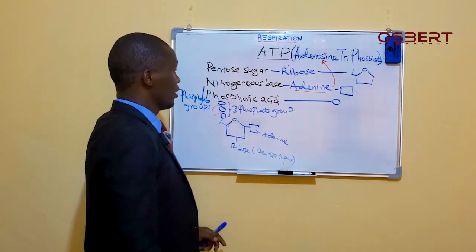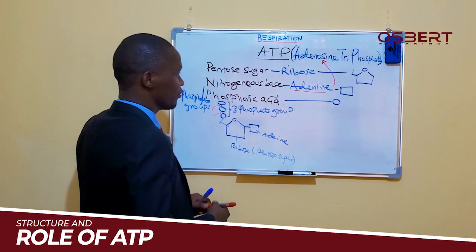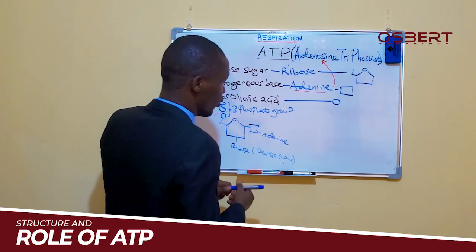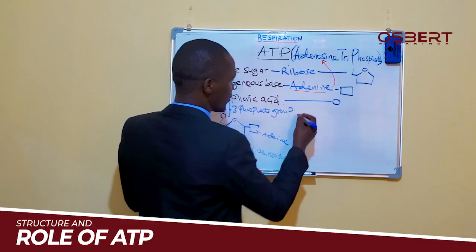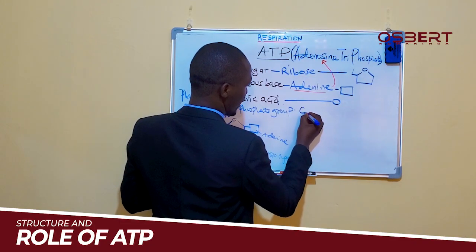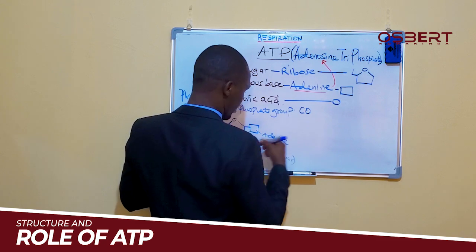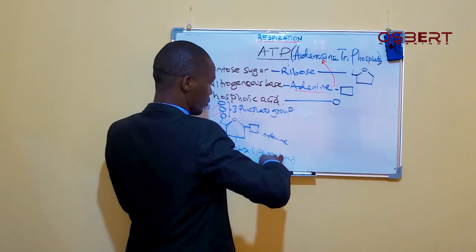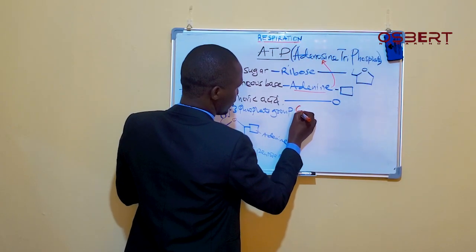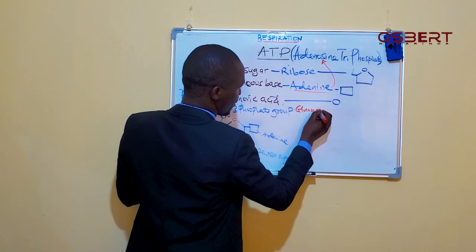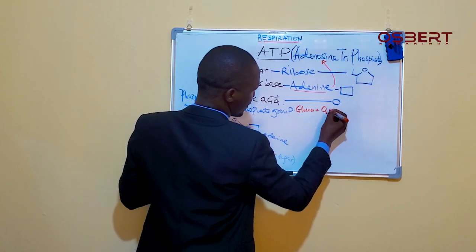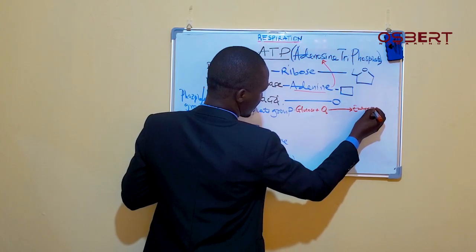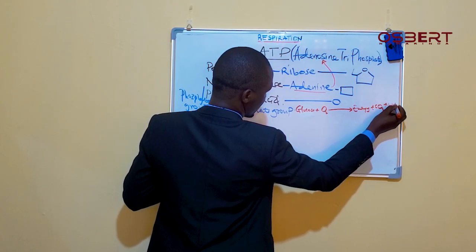In fact, from the start, allow me to remind you about this. If I have a carbohydrate like glucose, from what we know from O level, glucose combines with oxygen, and this gives us energy, plus carbon dioxide plus water.